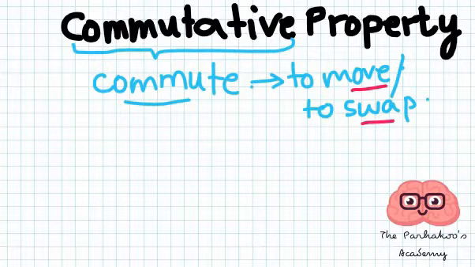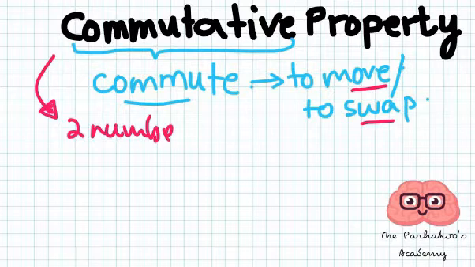The second very important thing about commutative property is that it deals with two numbers. Usually when we deal with two numbers, we look at the commutative property, and when we have more than two numbers, we look at the associative property, right?